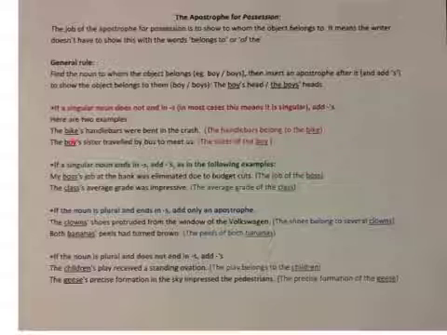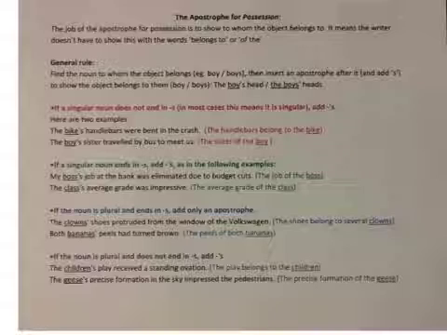So you have bike, apostrophe s. The bike's handlebars were bent in the crash. The boy's sister travelled by bus to meet us. This is the sister of the boy. There's one boy, so the apostrophe goes after the y, and then you add s. As I like to think of it, the apostrophe points at the noun, and the noun is boy.